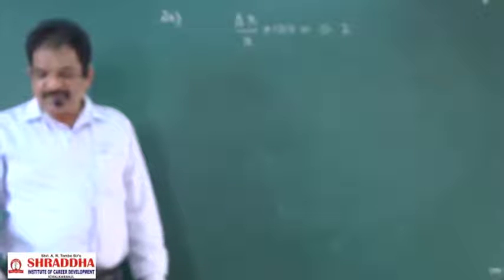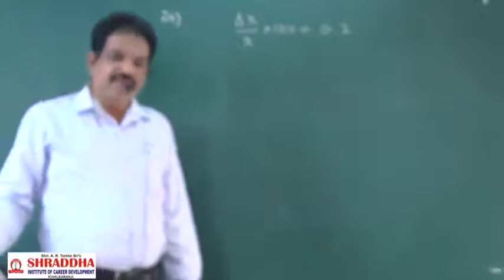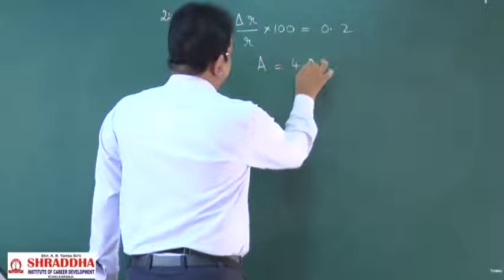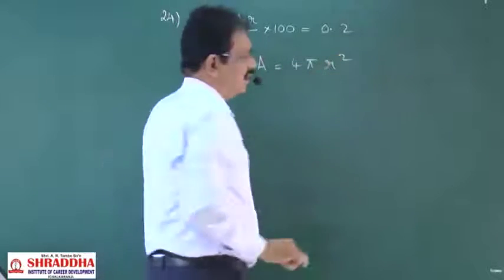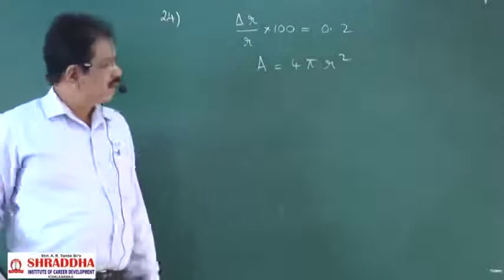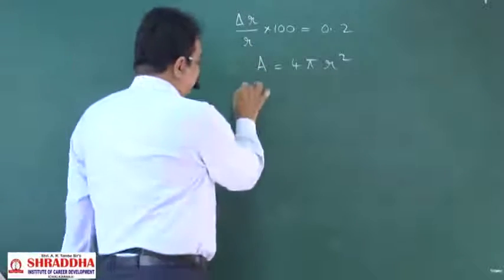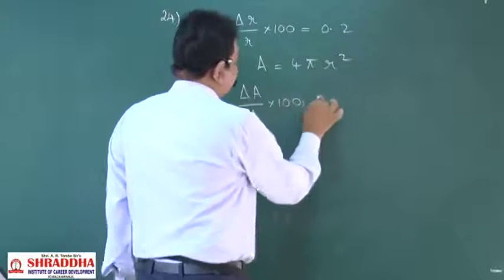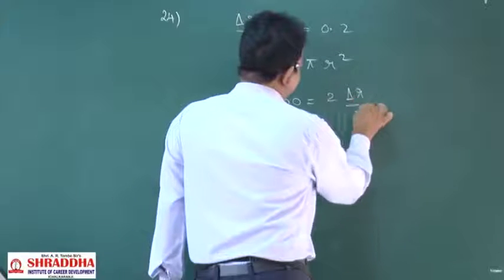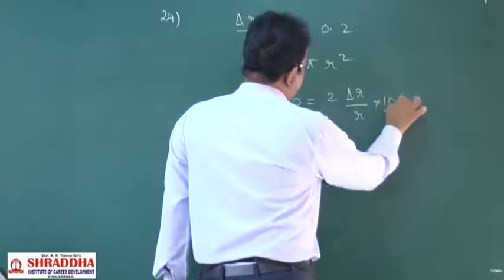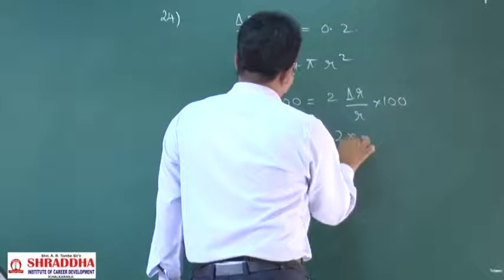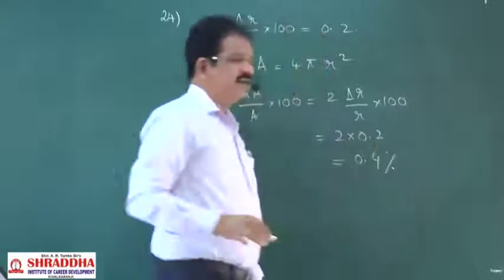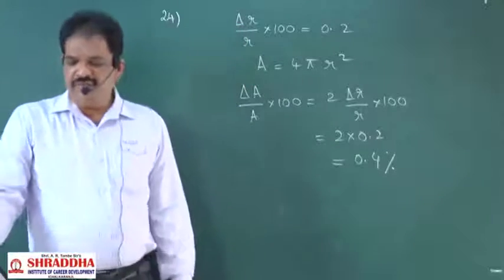What is the percentage error in the measurement of surface area? Surface area formula 4 pi r square. So delta A by A into 100 is 2 into delta R by R into 100, 2 into 0.2, this will be 0.4%.